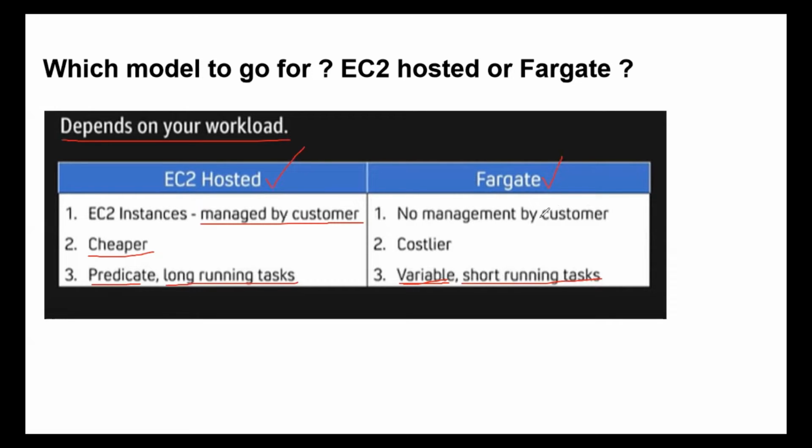In the case of Fargate, there is no management required by the customer for the containers running on the EC2 instances and also the underlying EC2 instances. But this being a managed service, it is costlier when you compare it with the EC2 hosted model. So the primary factor based on which we decide whether it is going to be EC2 hosted or Fargate is basically our application workload.